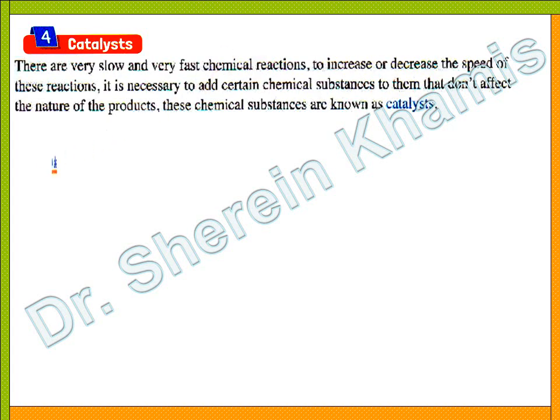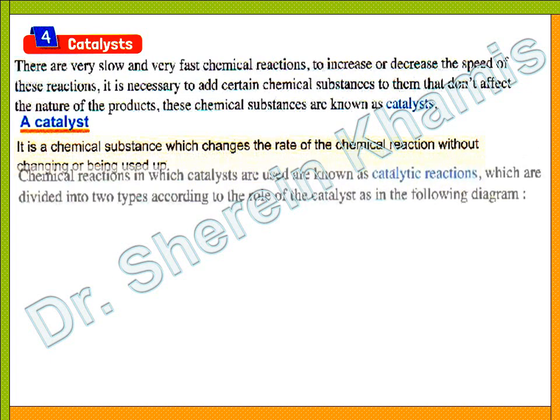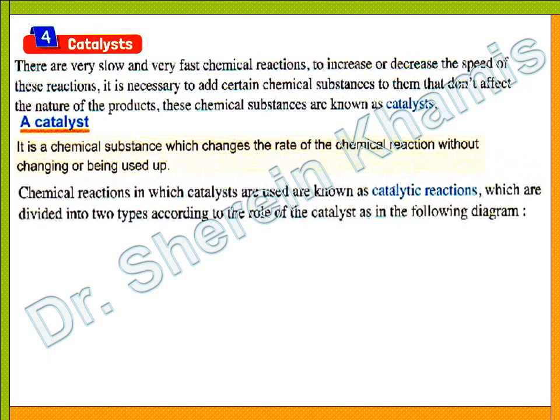So what do we call it? Catalyst. What do we mean by the word catalyst? It's a chemical substance which changes the rate of reaction without changing or being used up. The chemical reaction in which catalysts are used we call a catalytic reaction.